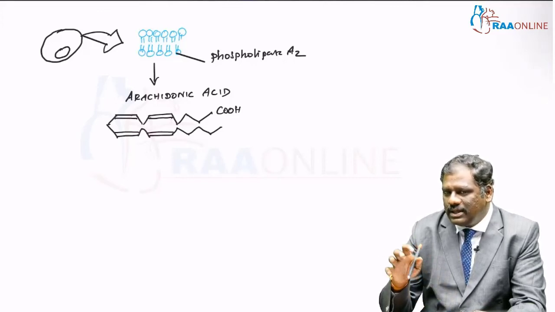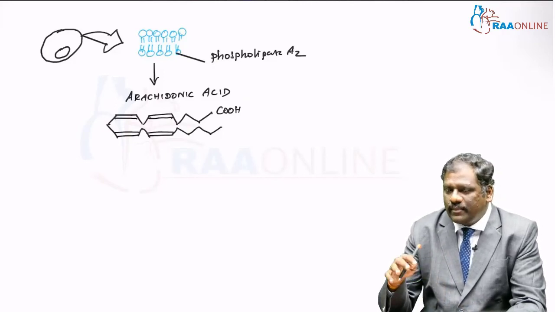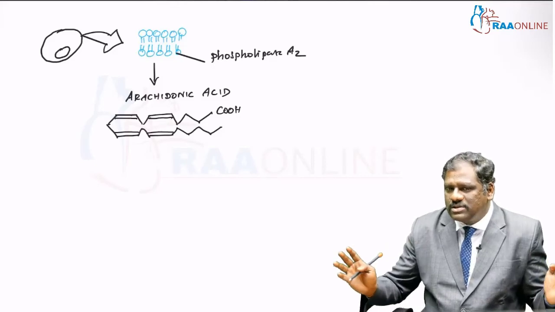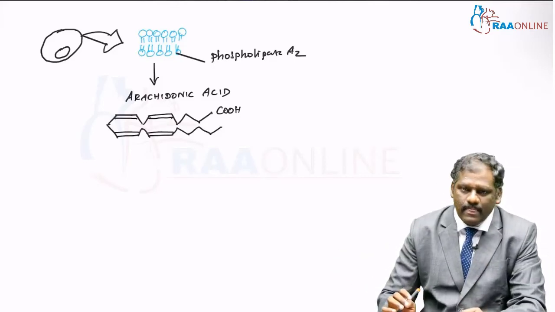So it depends upon the tissue, or the organ, or the cell where this reaction takes place. Accordingly the pathways differ. So I am going to present all the pathways together so that you will have an overall picture.